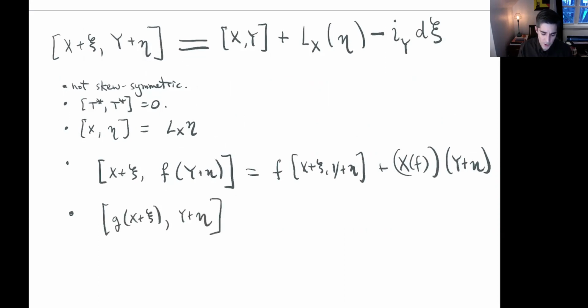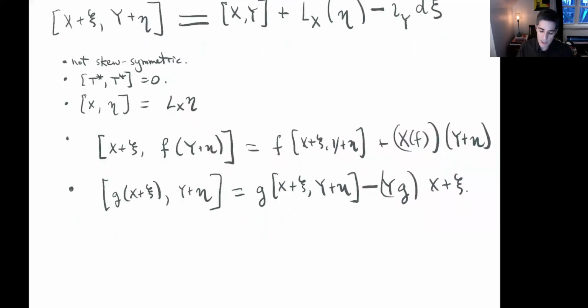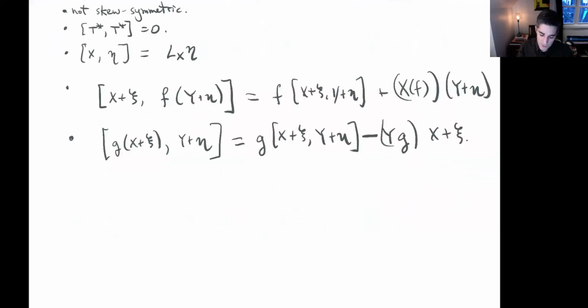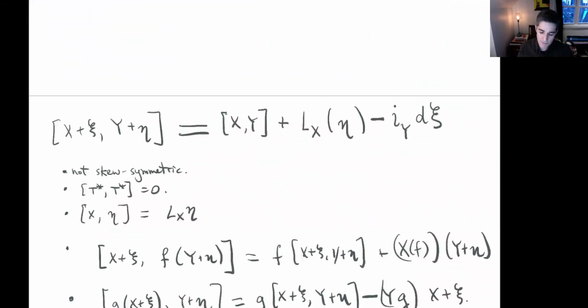If I multiply the first argument, I'm not going to get something that is well behaved. What I'm going to get is almost well behaved. So I would have a differentiation like this times X plus ξ, but there's going to be an extra term, an unexpected extra term, which comes from the fact that this term and this term are different. The way that Y differentiates ξ is not by the Lie derivative, but by this half Lie derivative.